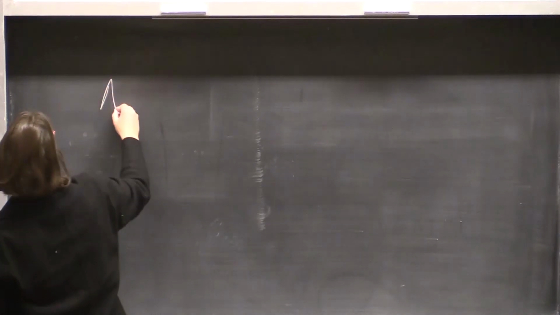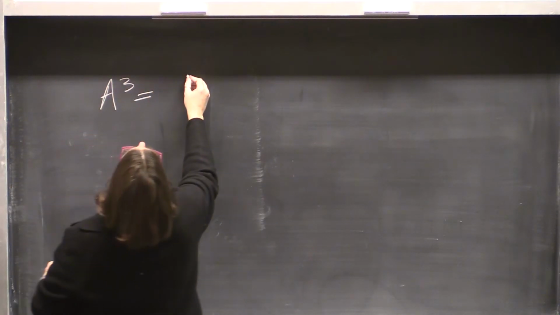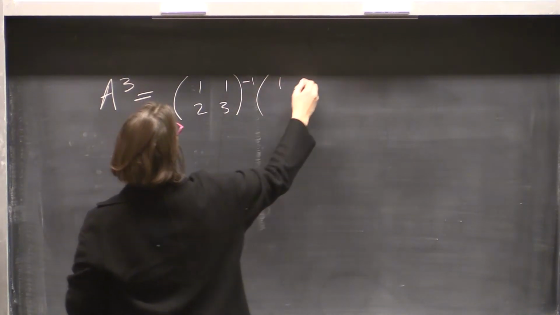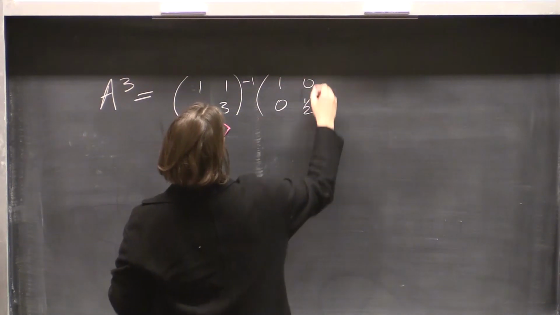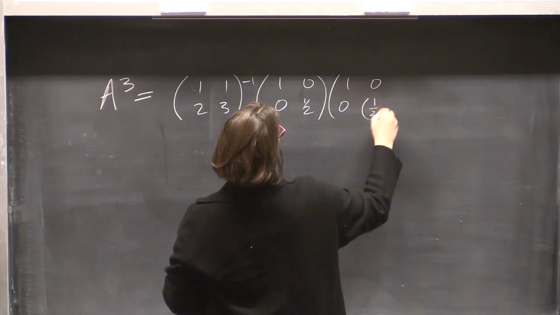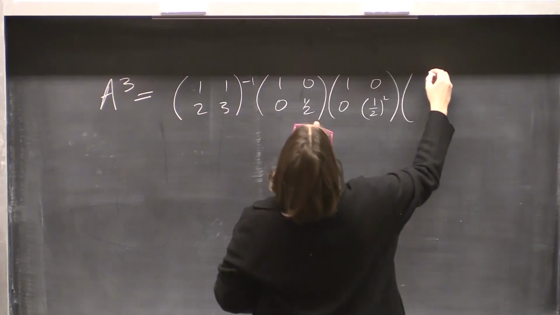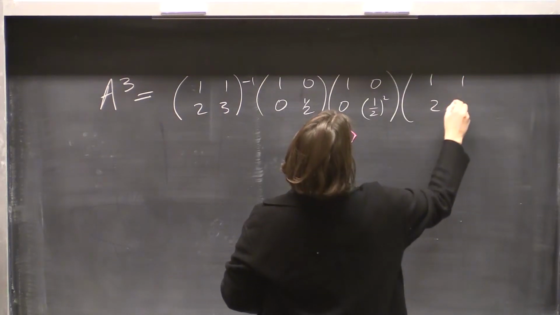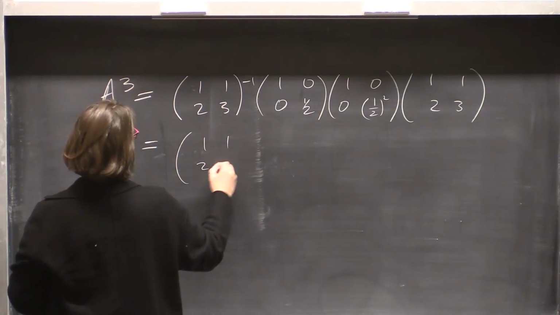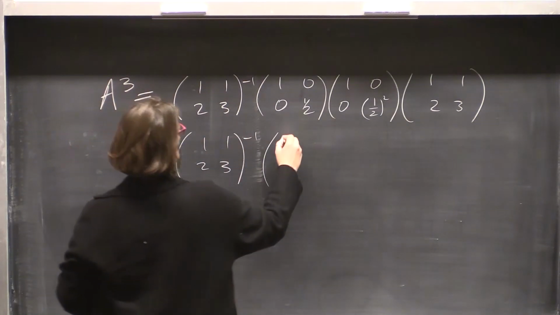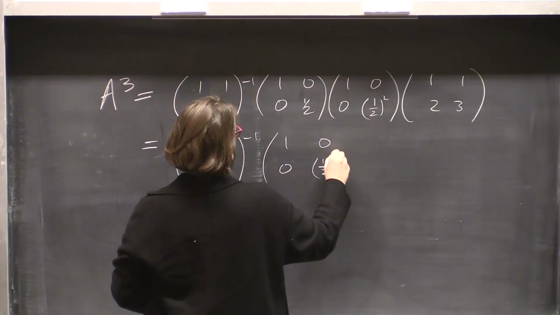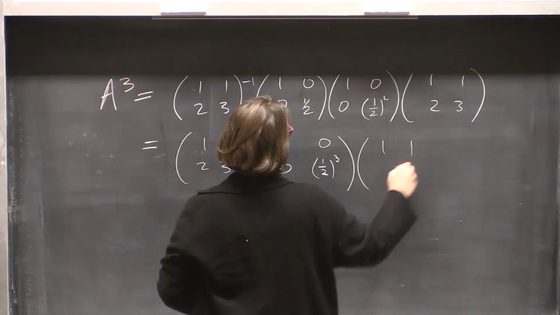So I get that A cubed is 1, 1, 2, 3 inverse, 1, 0, 0, 1/2 squared, 1, 1, 2, 3. So that is 1, 1, 2, 3 inverse, 1, 0, 0, 1/2 cubed times 1, 1, 2, 3.